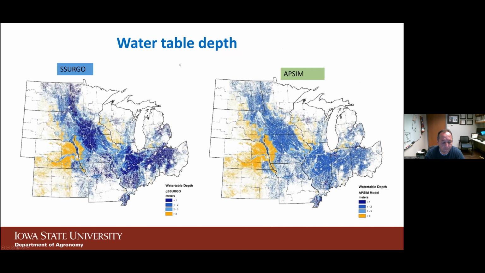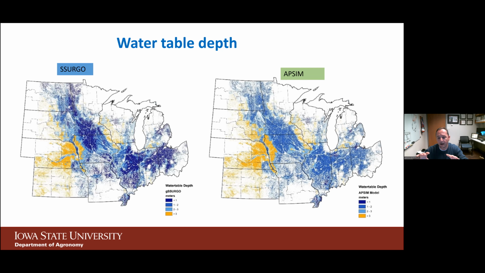And another important aspect, something that took us quite some time, is to make sure that the model can represent the hydrology in the Corn Belt. On the left, you see data from SURGO on water table depth, and on the right, data from the APSIM model.